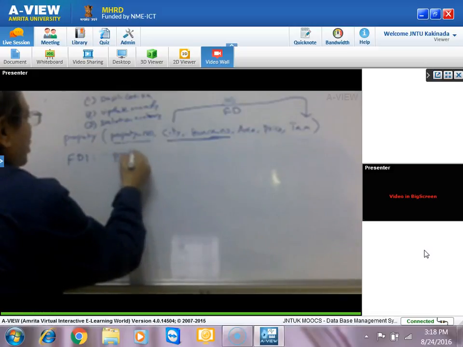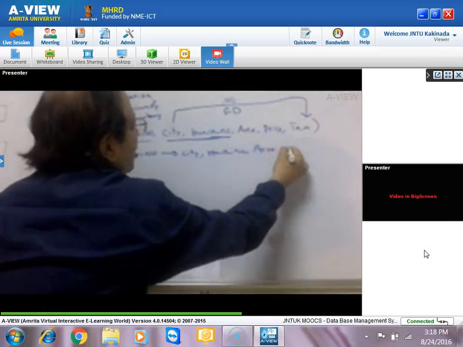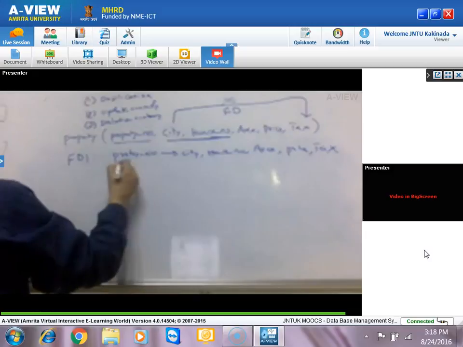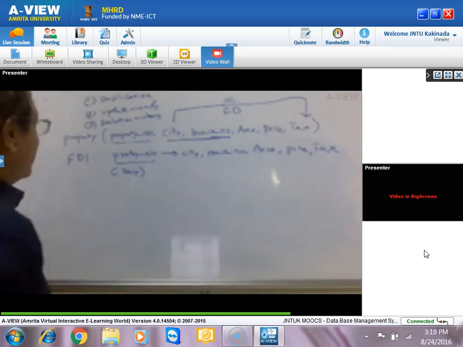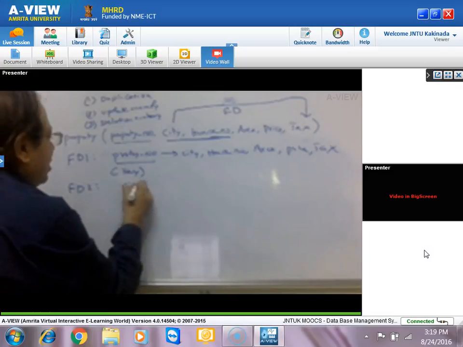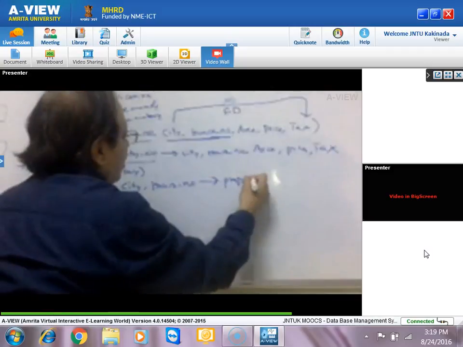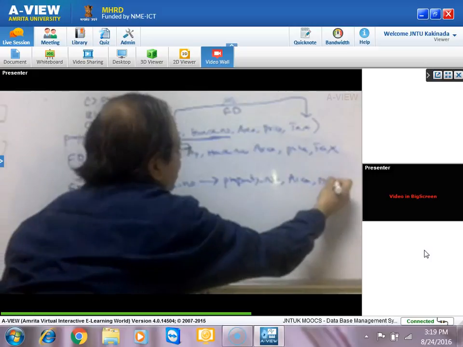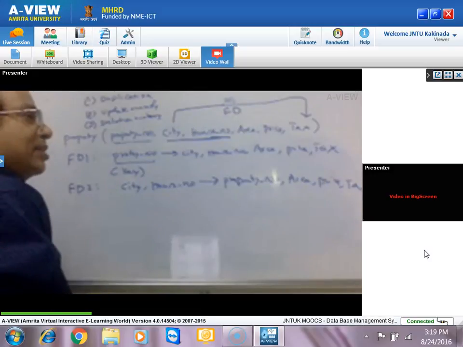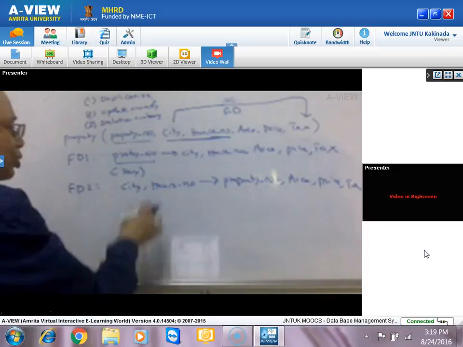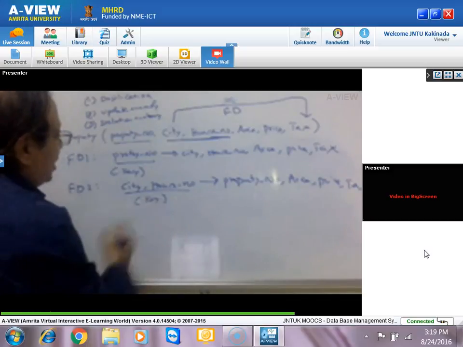The first functional dependency that we have written for this is property number determines city, house number, area, and so on.